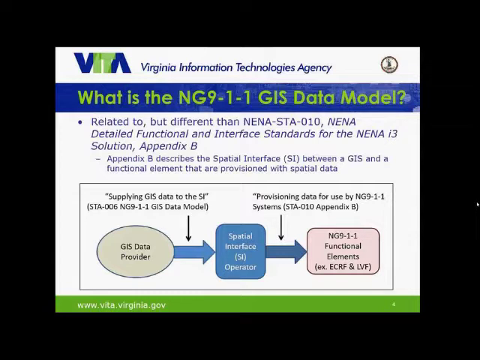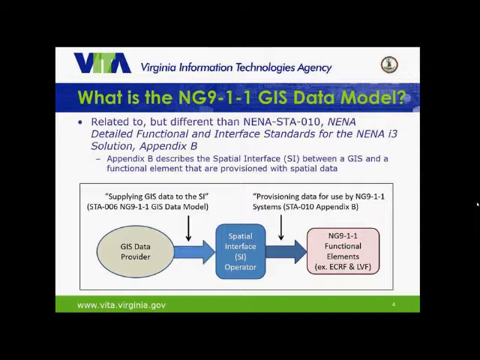You may have heard of I3 or the I3 standard, and that's what's in that NENA standards document 010. Within that, there's an appendix that talks about how GIS data will be used by functional elements and key components within the next generation 911 system.